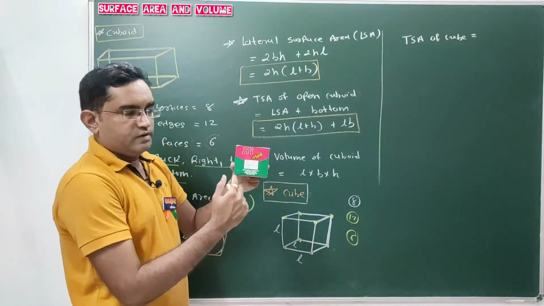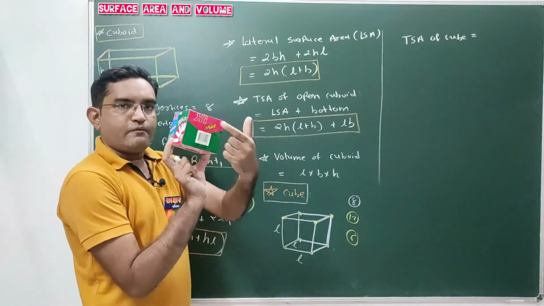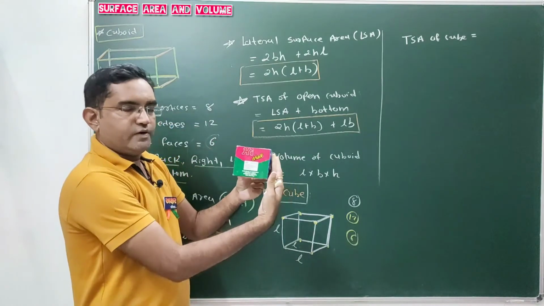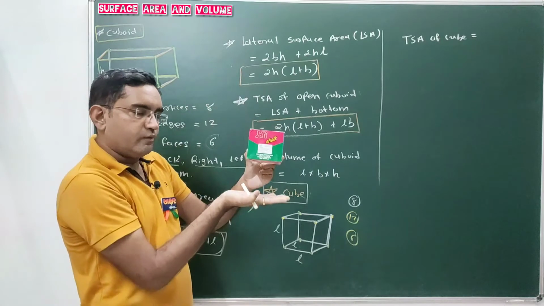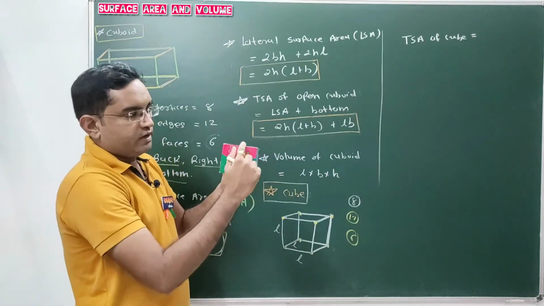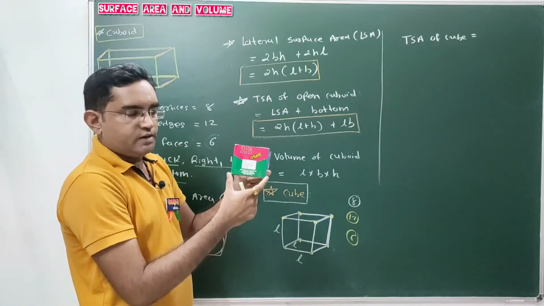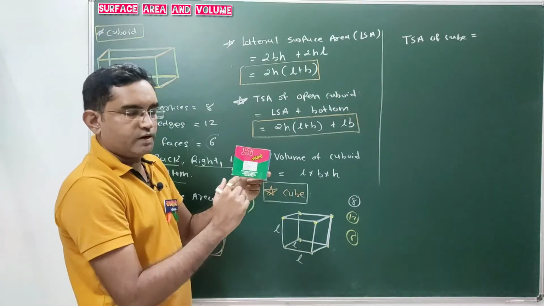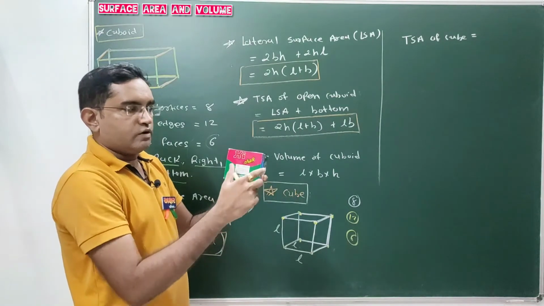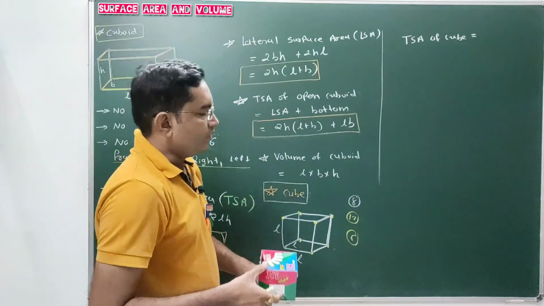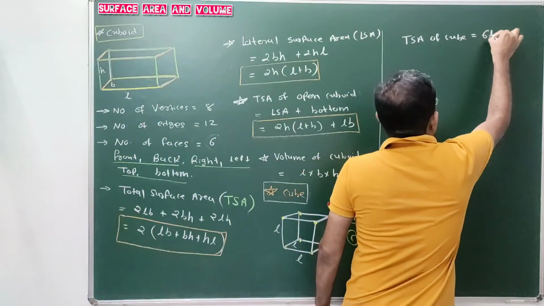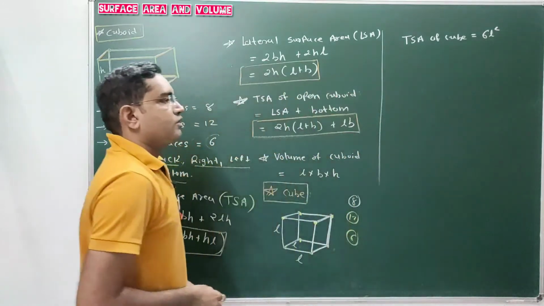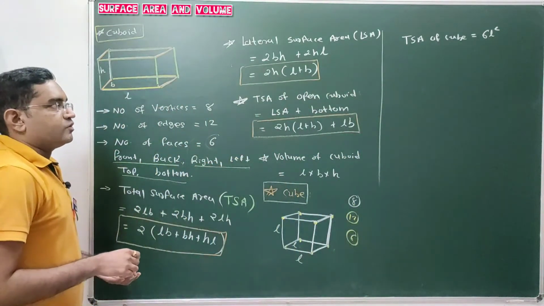Front face is a square, back face is also a square, right face, left face, top face and bottom face are also squares. So what is the area of this square? Length of edge is L, so the area of this square is L square, and total 6 faces are there. So total surface area of cube is 6L square. Done.